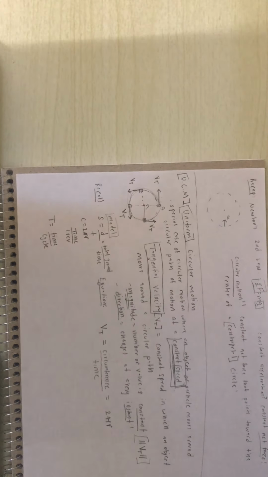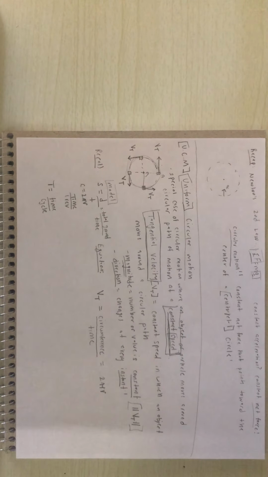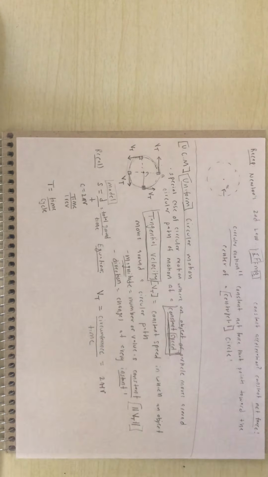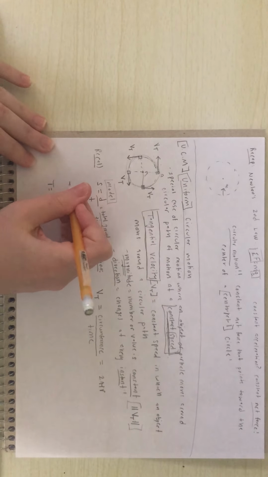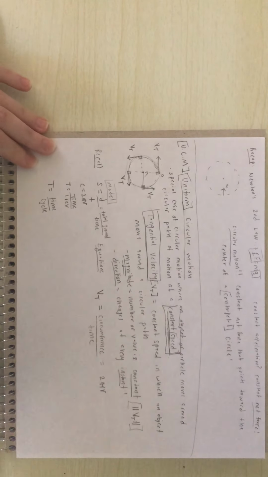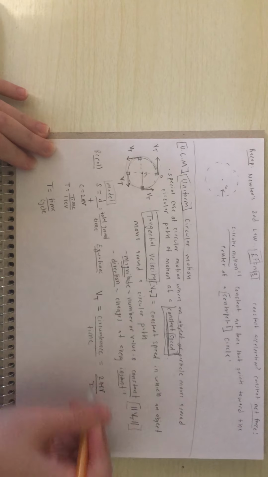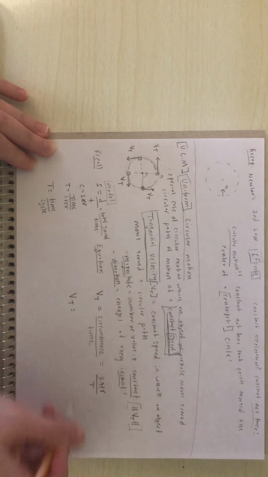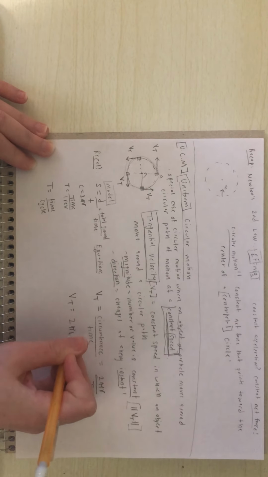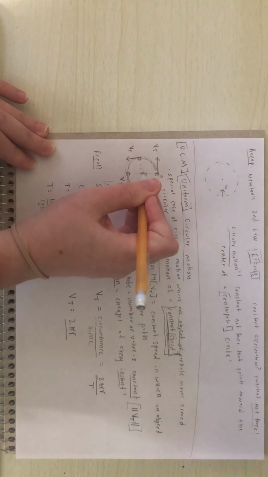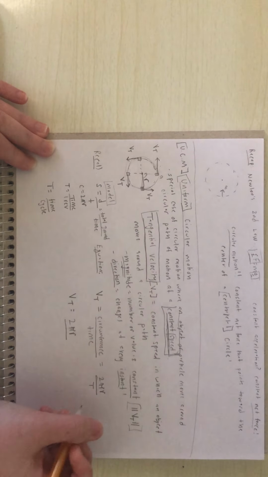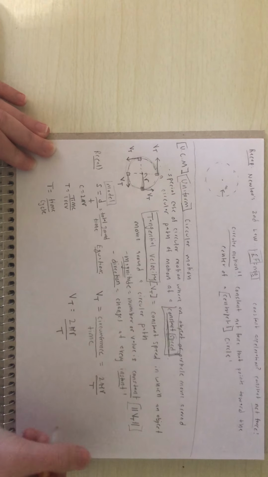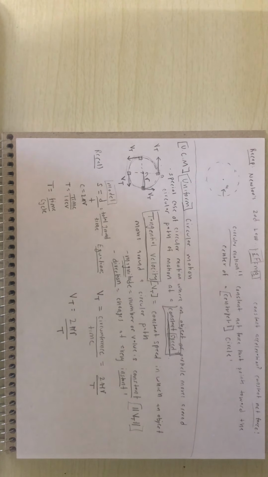So what do you think time per revolution would give us? Exactly, the period. So the tangential velocity is equal to the circumference, which is 2 times pi times the radius of the circle, divided by the period, which is the time it takes to make one complete cycle or revolution.